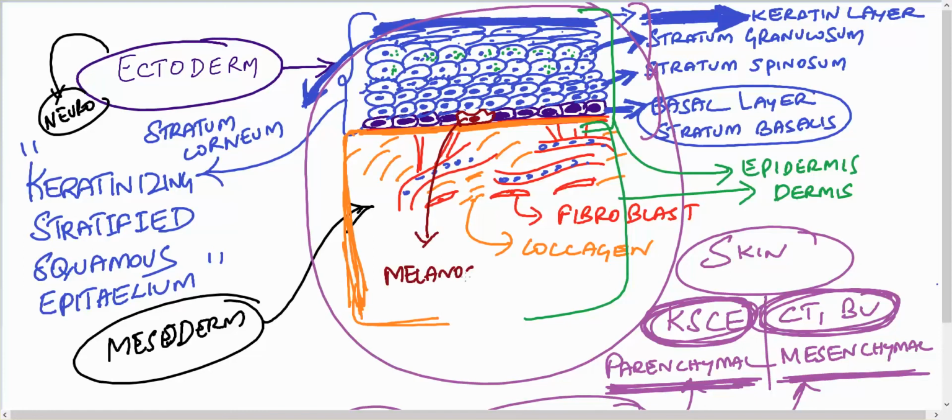Melanocyte. Okay. And this melanocyte has a lot of finger-like projections. They produce color, and this color goes to the basal cells, and sometimes to the spinous cells. Okay. So that's why the skin gets its color.